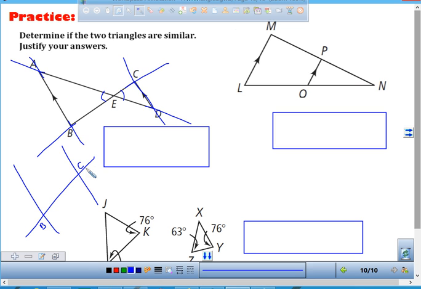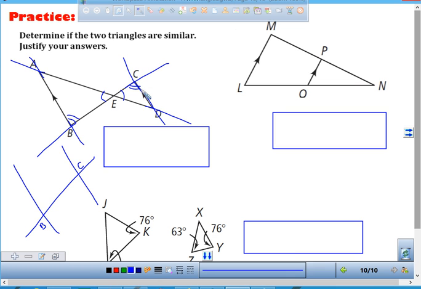Okay, alternate exterior. These angles are congruent. But are those angles in the triangle? No. But what do you know about this angle and this angle? They're vertical, and what are vertical angles? Congruent. So if C is congruent to B, that means their vertical angles are what? Also congruent. And what are these angles called?